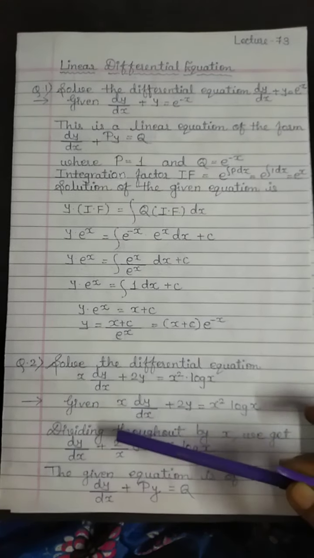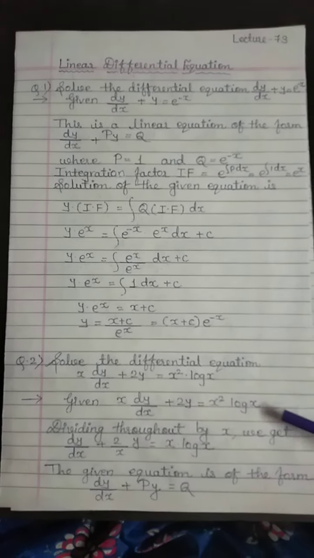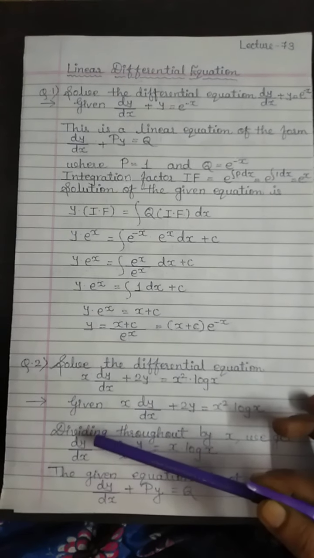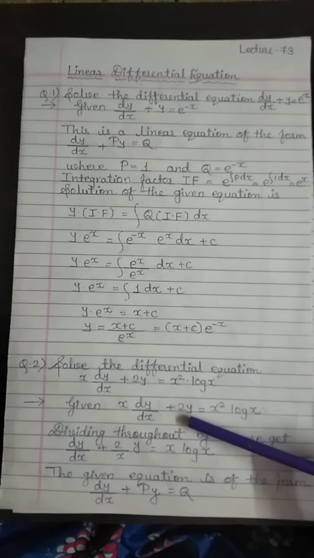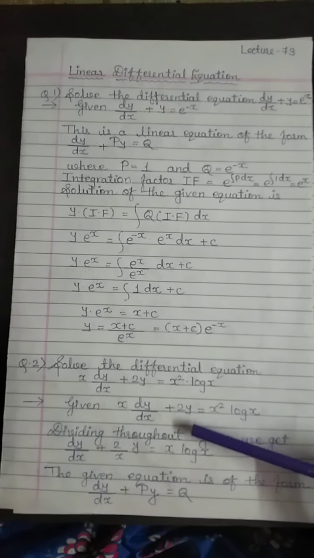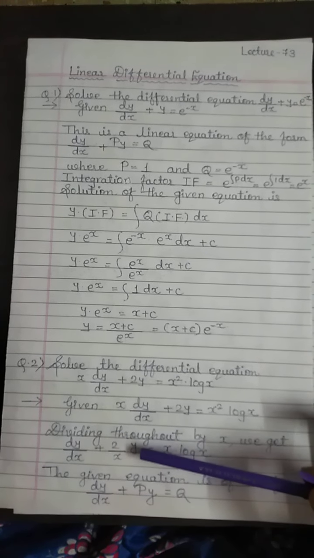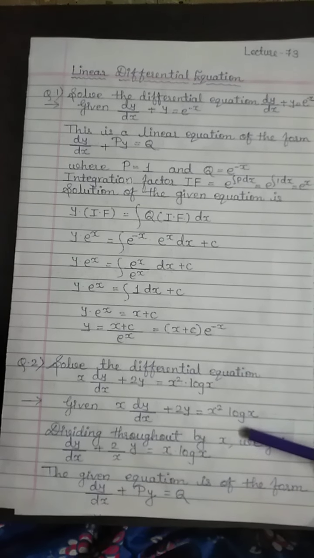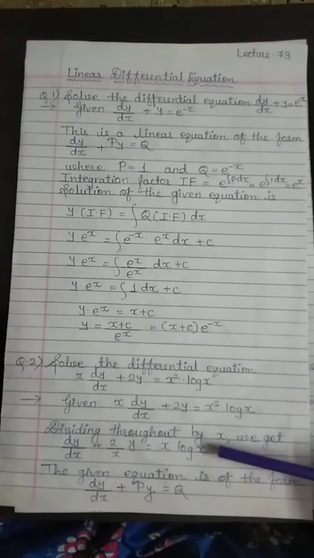Now dividing throughout by x, we get here x will get cancelled. So we have the term only dy by dx plus no x term is present here to cancel. So we will write 2 upon x into y, and to the right hand side 1 x will get cancelled with the denominator x. So we have x into log x.